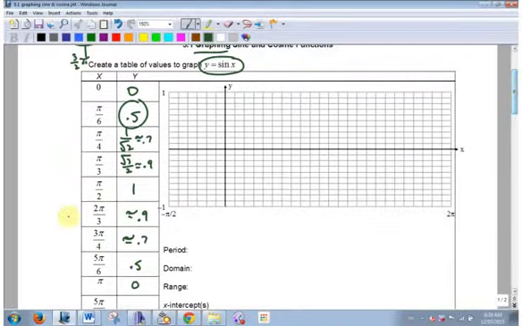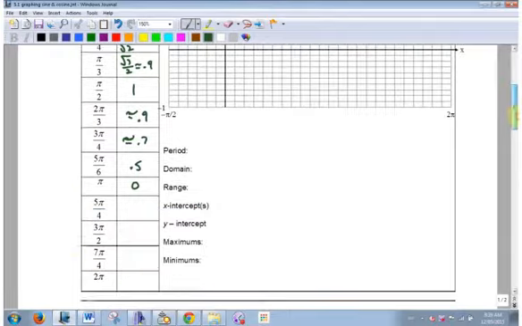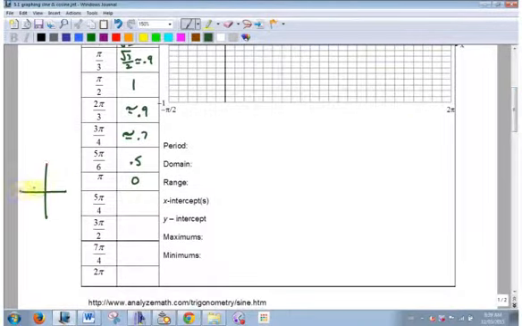5/4 pi. Well, let's actually do another one down here. Say there's 4/4. So 5/4. My reference angle is pi over 4. That's 1 over root 2, which is 0.7. But in that quadrant, it's negative for sine, right? 3 over 2 pi.